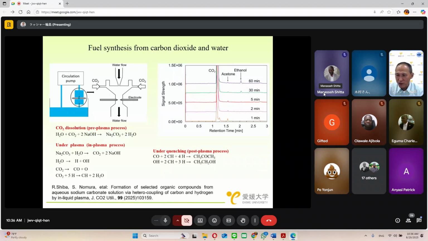We circulate the sodium carbonate solution and generate the plasma inside the nozzle. After plasma generation, this enables the synthesis of liquid fuel such as acetone and ethanol. Research on synthesizing fuel from the water and carbon dioxide could lead to future study on the artificial photosynthesis.